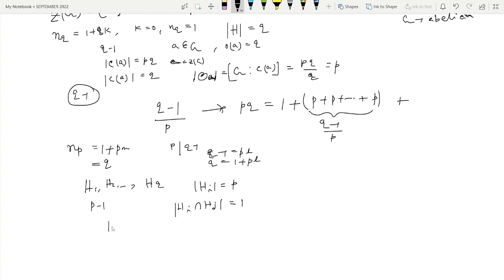So in this union H1 union H2 union dot dot HQ, each contains P minus 1, and there are no common elements other than E. So there are a total of (P minus 1) into Q elements of order P, and there are no other elements of order P, because if there is any other element of order P, then if we generate the cyclic subgroup by that element, that will be another Sylow P subgroup, because that subgroup will be of order P, and that will be any one of these.